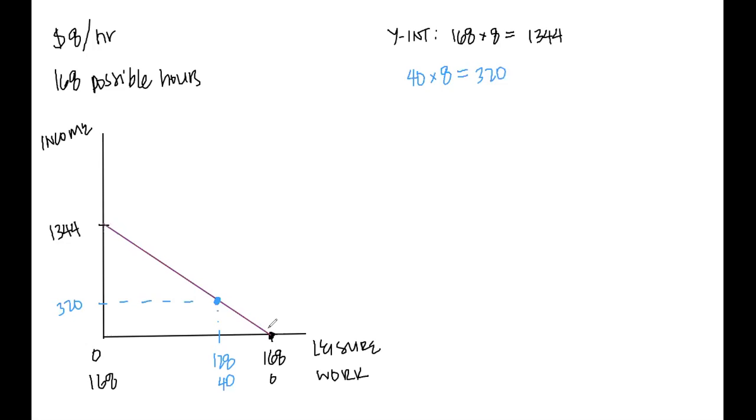So what this is going to do is shift up. It tells us that even if John works 0 hours, he's still going to make $100. So this is going to shift his budget constraint up by 100 at every single point.